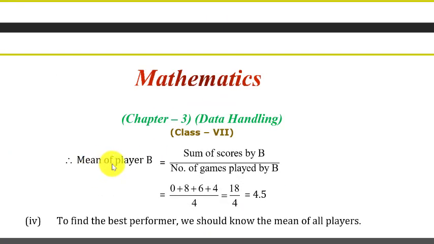So the mean of player B is equal to the sum of scores by B divided by the number of games played by B. So the sum of scores by B is 0 plus 8 plus 6 plus 4 and the number of games played by B is 4. The sum of the numerator will be 18 because 8 plus 6 is 14, 14 plus 4 is 18. So 18 by 4. Then if you divide 18 by 4, you'll get 4.5.